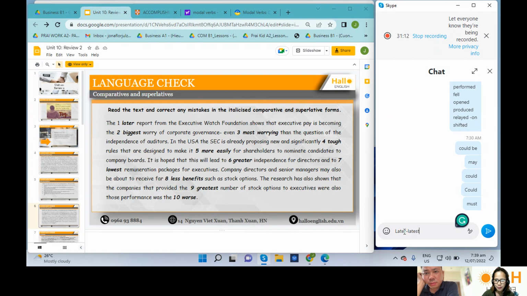The two biggest worries, yes, corporate biggest will become... What is the comparative form of biggest?